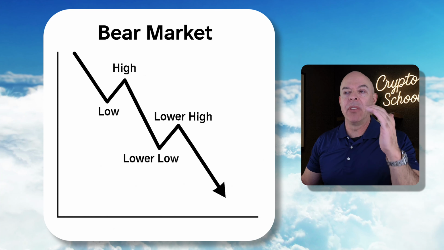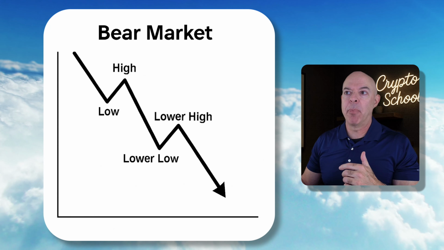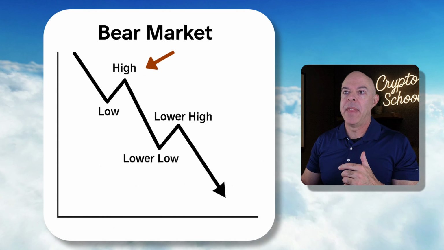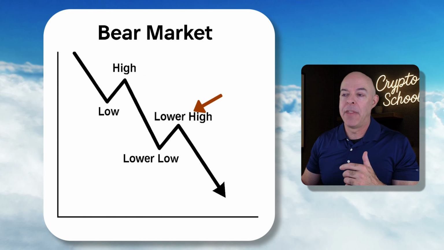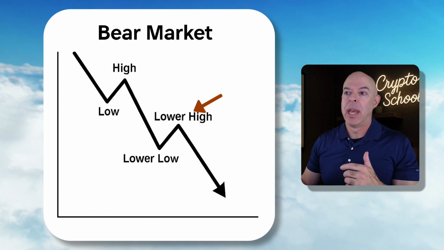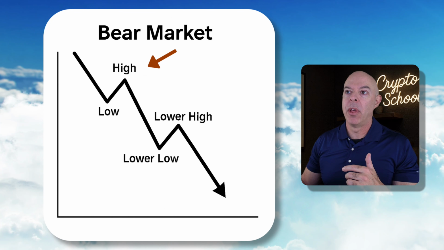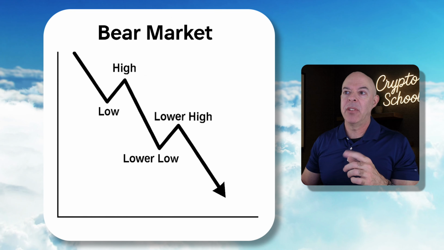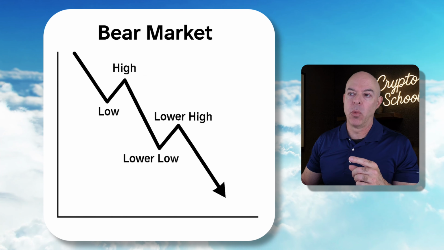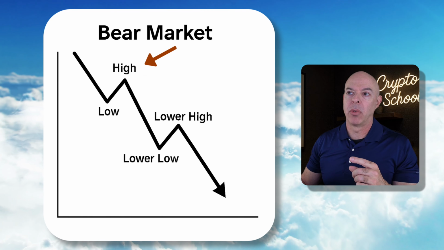Well, when you've got these ups and downs and you have a point here, and then you've got it going down, and then it retraces and goes up again. Did this come way up here, or is it lower than this one? In this case, this high is right here.